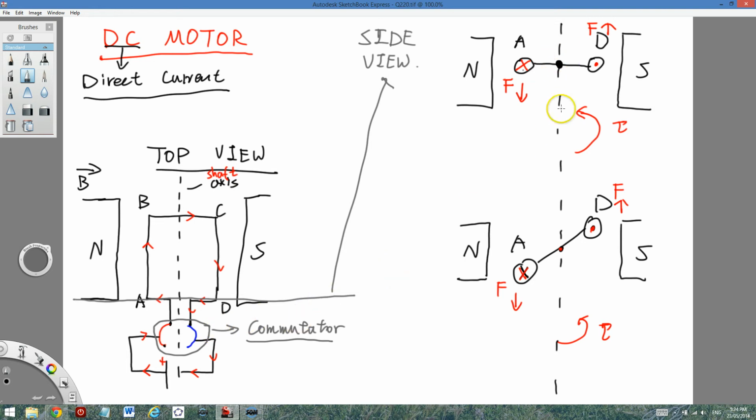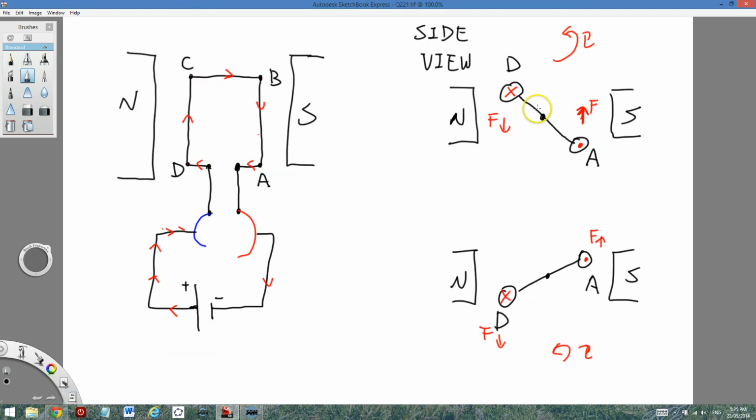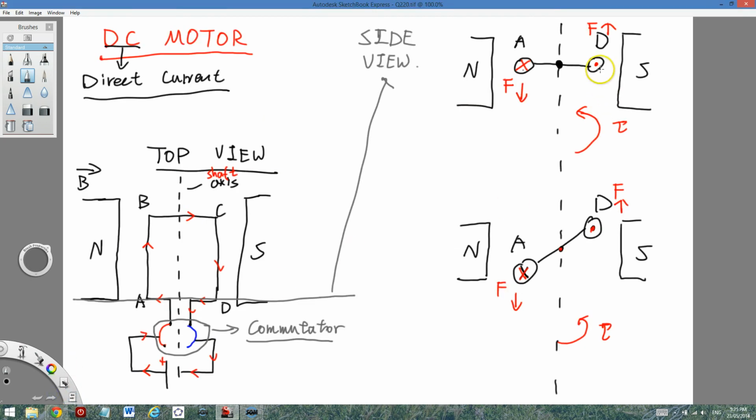If you look at those side views, in this particular motor, on the left hand side the current always goes in, and on the right hand side the current always comes out of the page. So the role of the commutator is that it ensures that.